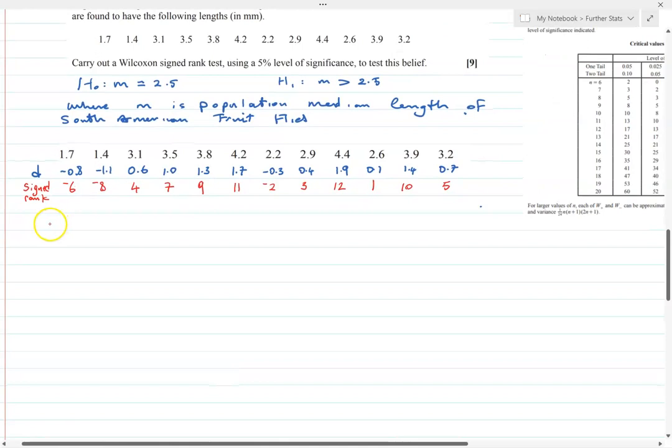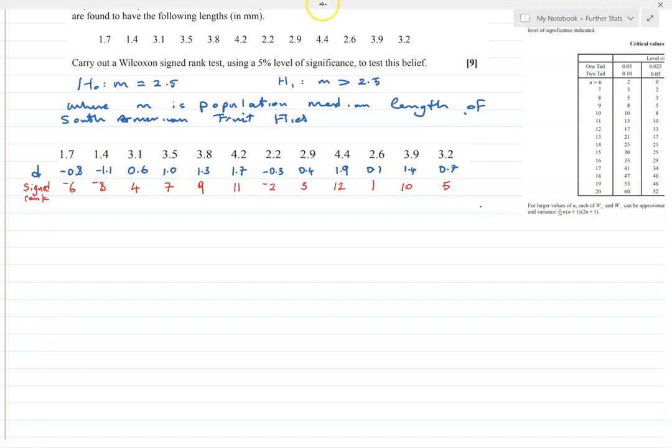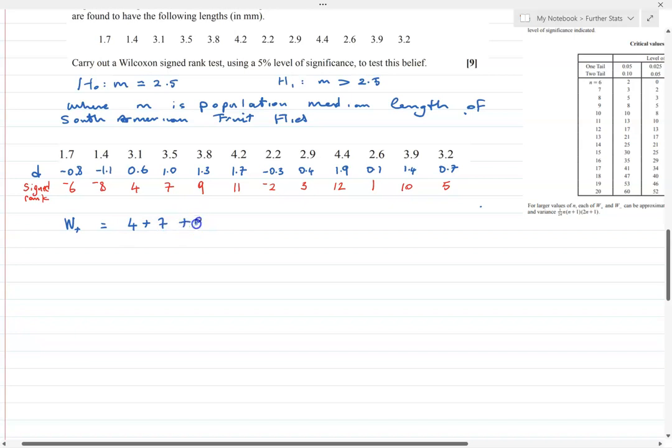So W plus equals 4 plus 7 plus 9 plus 11 plus 3 plus 12 plus 1 plus 10 and 5, which comes to 62. And W minus is the negative ones, but now we take the magnitude of these.